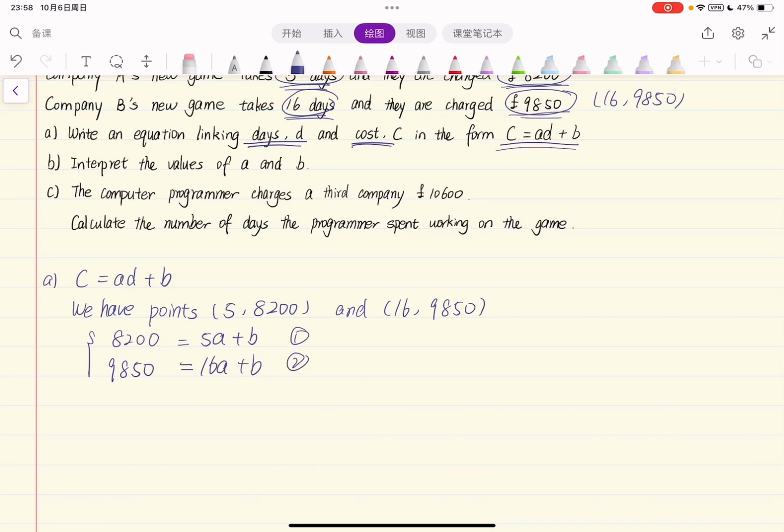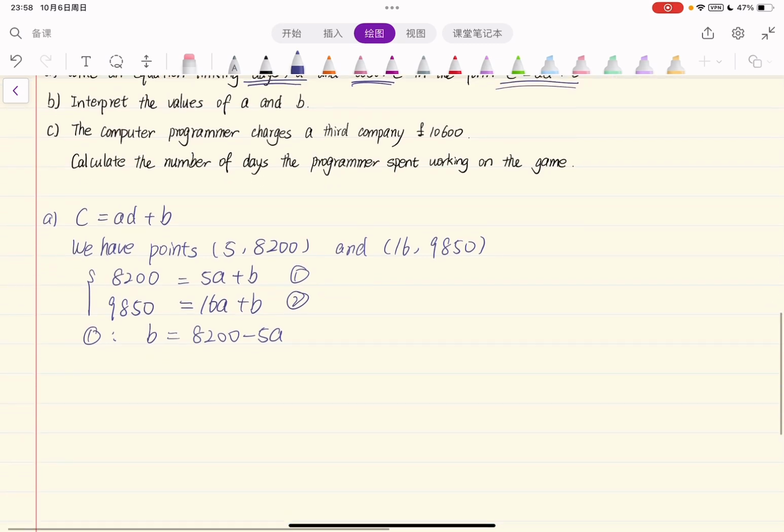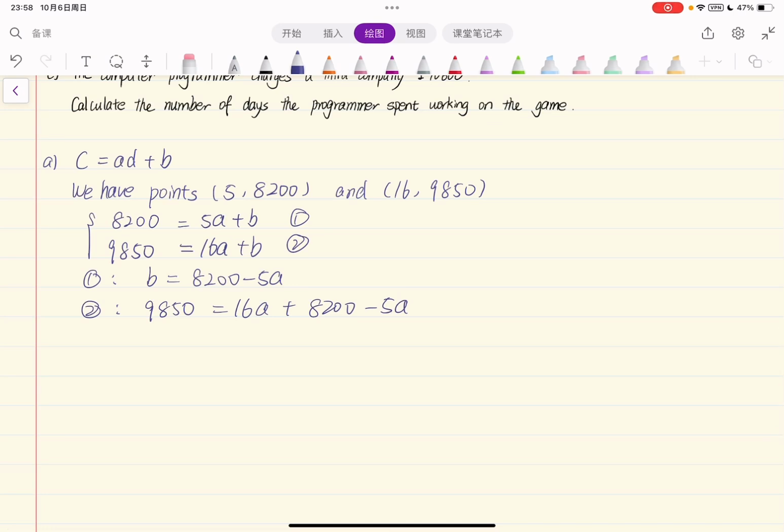From equation 1, we have B equals 8,200 minus 5A, and we substitute this expression into equation 2. We have 9,850 equals 16A plus 8,200 minus 5A. What we are left with is 1650 equals 11A.